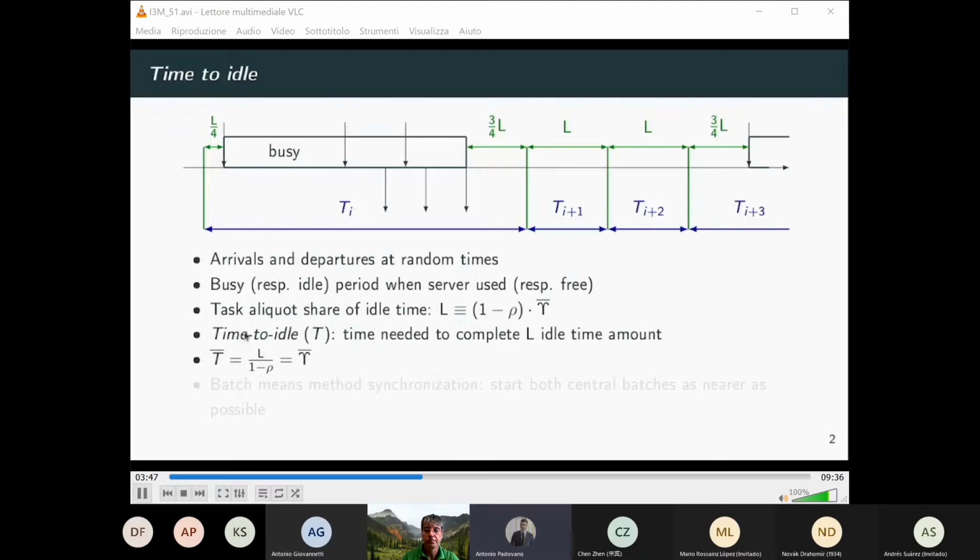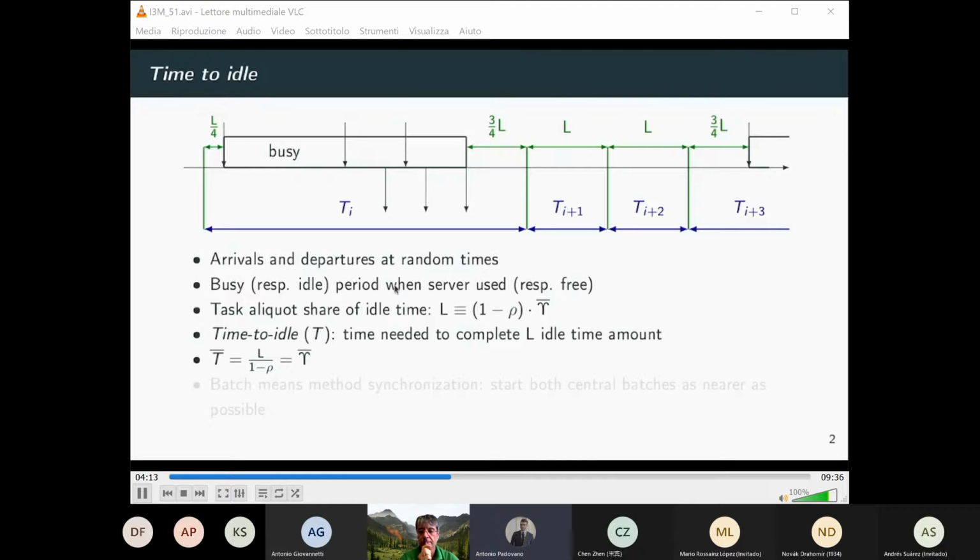This process has a known mean value that coincides with that of the inter-arrival time. The problem with the time to idle is that its random variables are not synchronized in any way with the arrivals or departures of the requests.